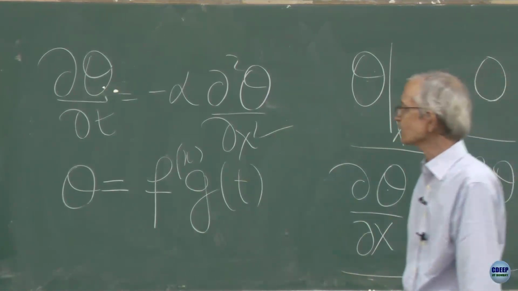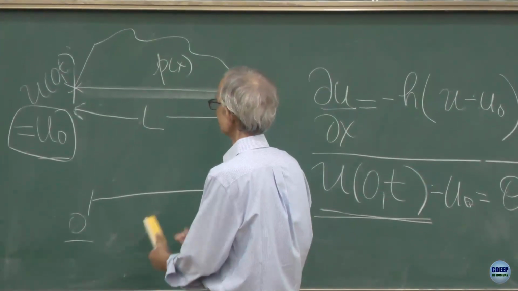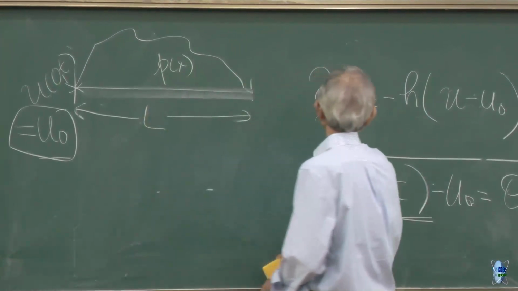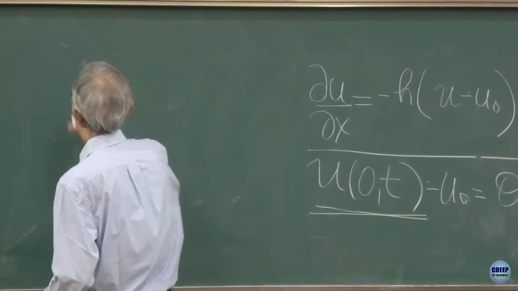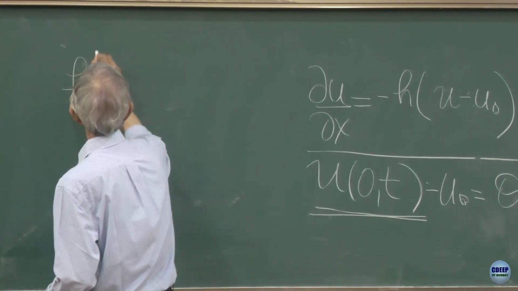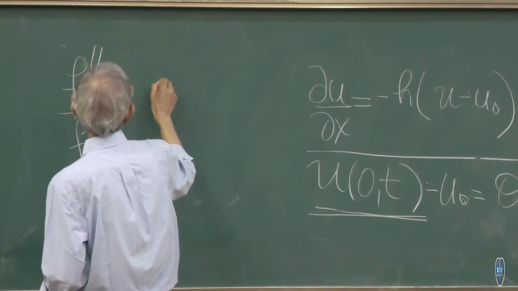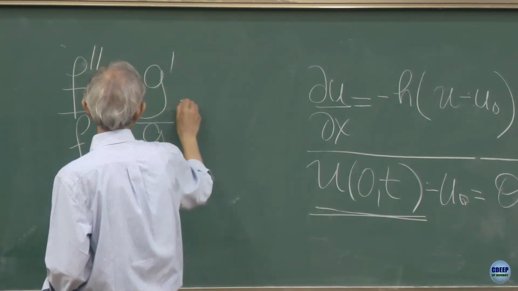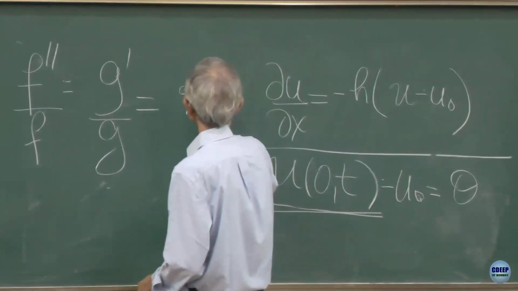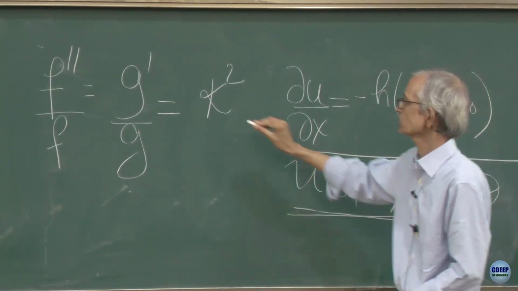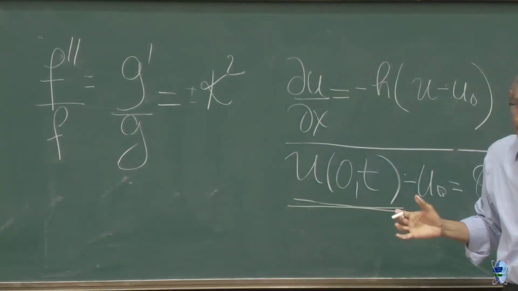Then you do the same thing which we have done for the previous case, and we are going to get f double prime by f is equal to g prime by g, and we are going to say that that is equal to some k square. Now this could be plus or minus. So whatever that may be.